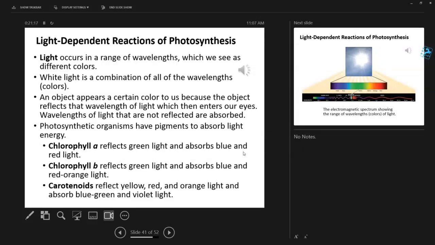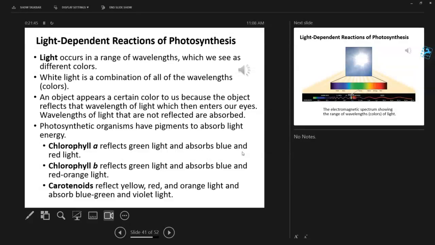Chlorophyll is the green stuff in plants. So this is what absorbs the light energy for photosynthesis. And there's two kinds, A and B, and they're both similar. They just reflect and absorb a slightly different range of wavelengths.